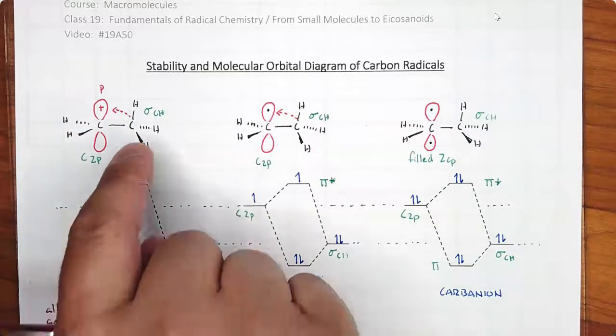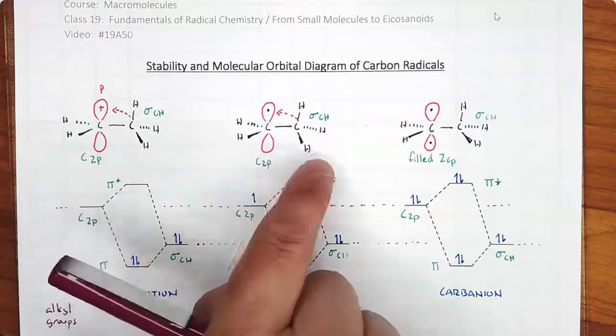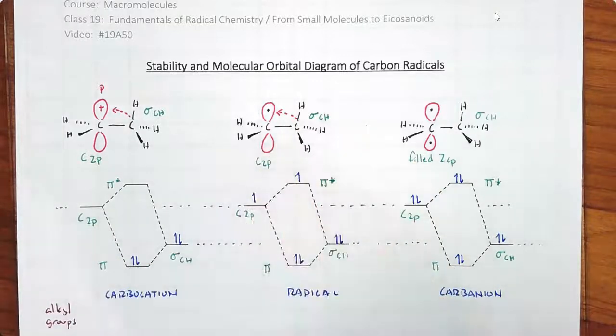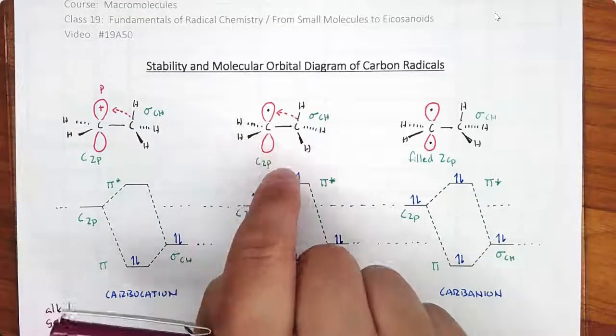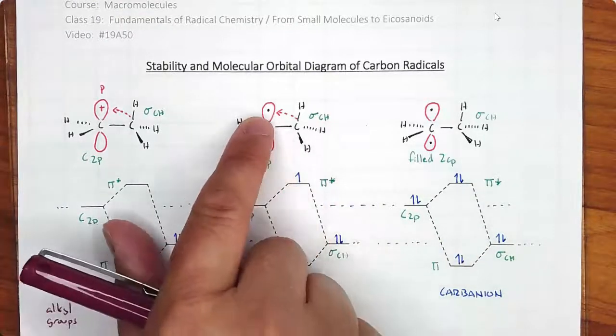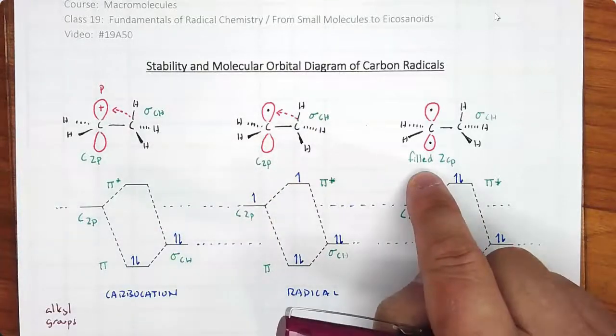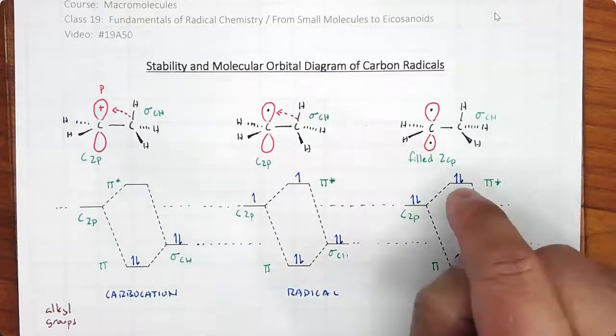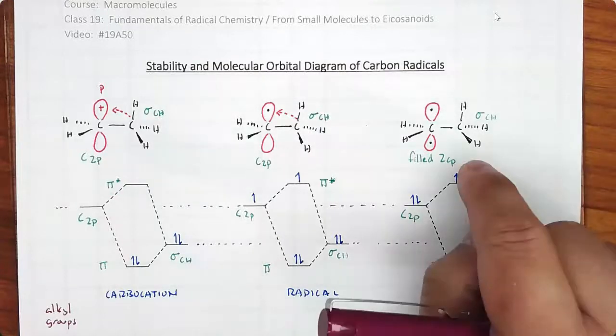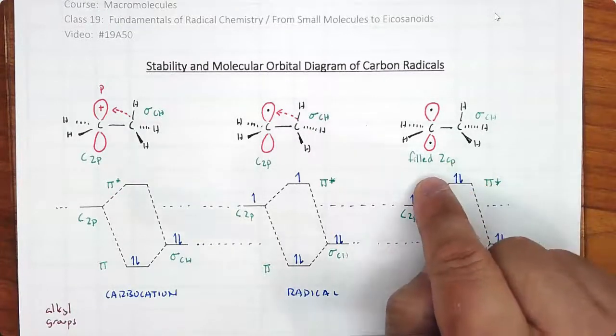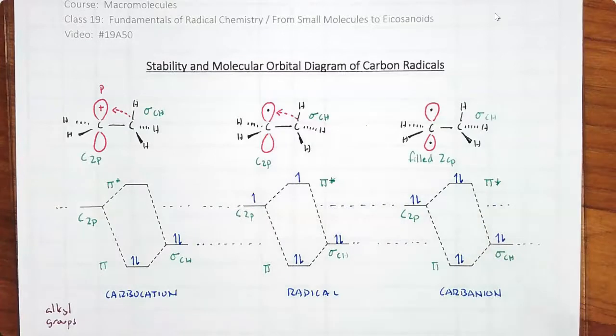So practice drawing the cartoons and labeling the atomic orbitals that are being used. You notice that for the radical, we have an unpaired electron in the carbon 2p orbital, and for the carbanion, we have a lone pair on the carbon, and now we have a filled carbon 2p.